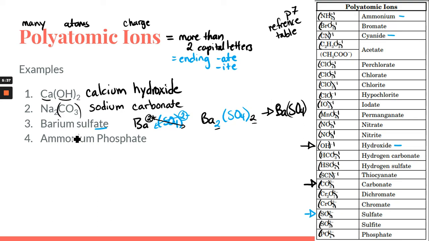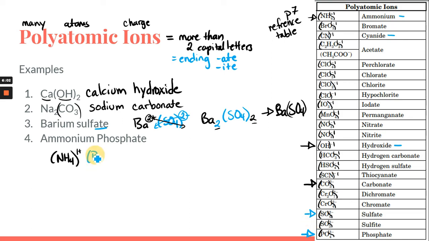The next one, we have ammonium. That is our only cation that is on our list of polyatomics. So don't look on the periodic table for ammonium, you won't find it. It is the very first thing listed on our polyatomics, way up here, and it is the only cation that we have to know. Phosphate is at the bottom of our polyatomic list.